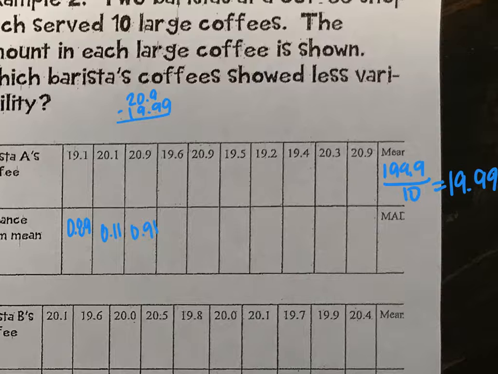Okay? So 19.6, now this one I would switch. I would say 19.99 minus 19.6, and so this would be 0.39. Actually I switched it where you were talking about if it's bigger or smaller. 20.9 I've already done. 19.99 minus 19.5 is 0.49.